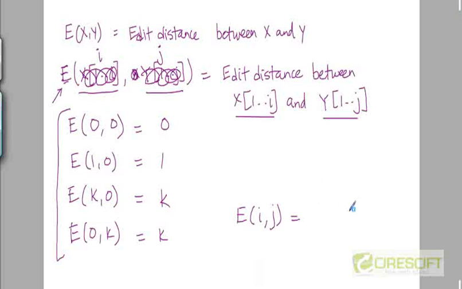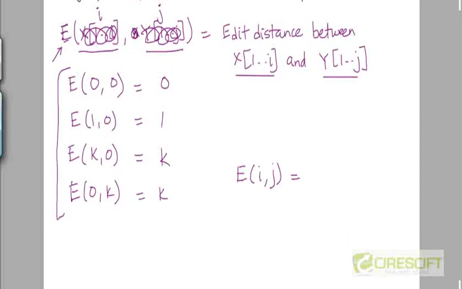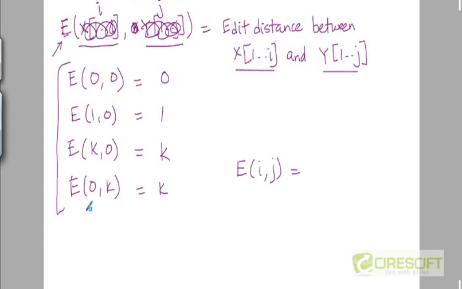The way to think about this is, let's think of three possibilities. How could we transform this into this? Think about the very last operation that you do.